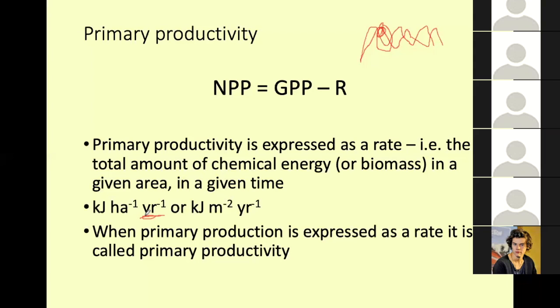And so the second point to realize is they've gone with kilojoules, when a lot of the pyramids you've seen at GCSE are biomass in kilograms. And I talked about that last lesson as well. I said kilojoules is more accurate than grams because energy does not necessarily equal mass, although there's a correlation.